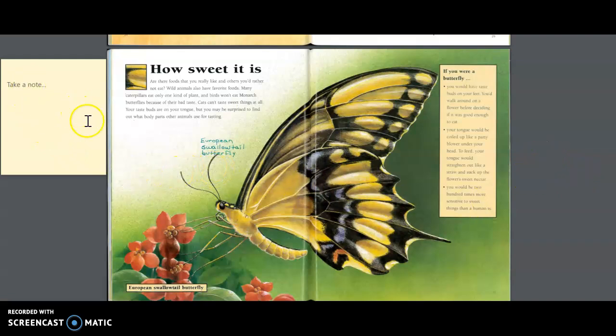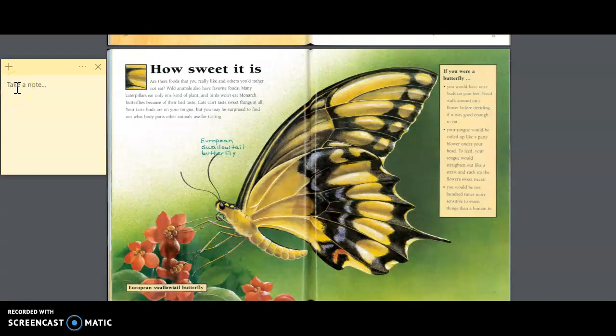So I want us first thinking, what do we already know about animals and how they taste? Not how the animal tastes, but how they use that sense of taste. What is something that we already know? You can jot it down. I have a Post-it note here.